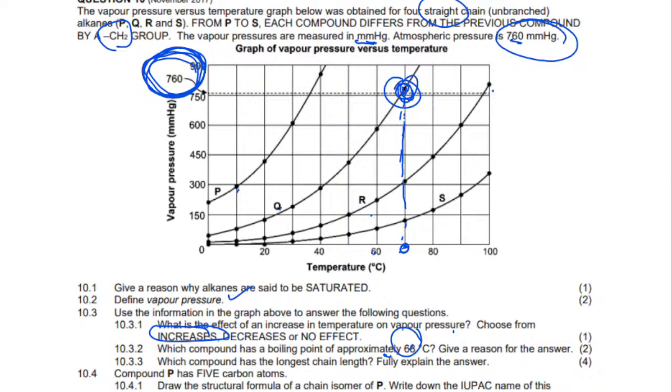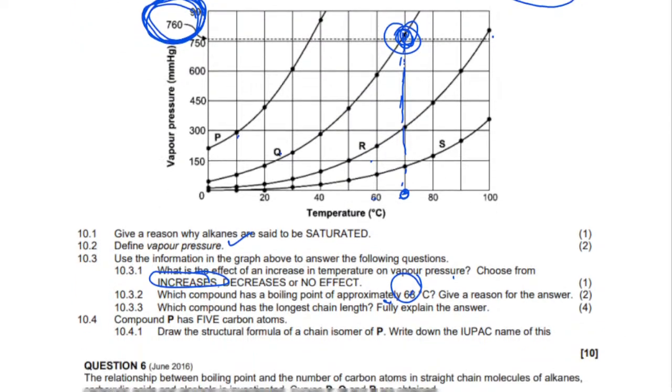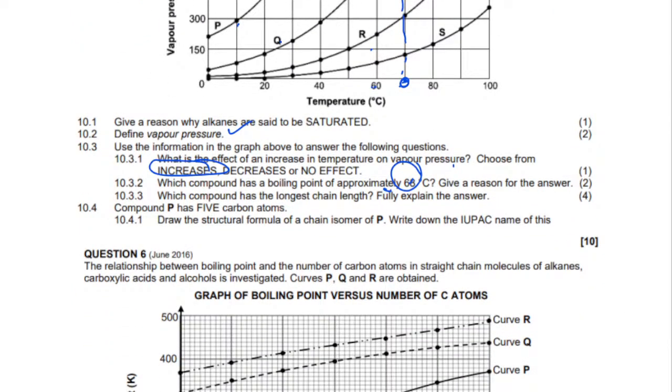All right, let's continue to the next question. Which compound has the longest chain length?